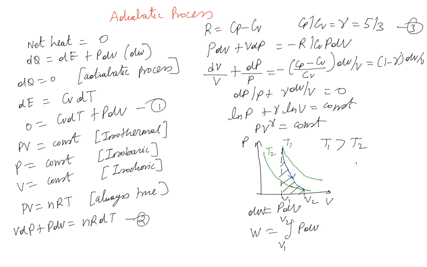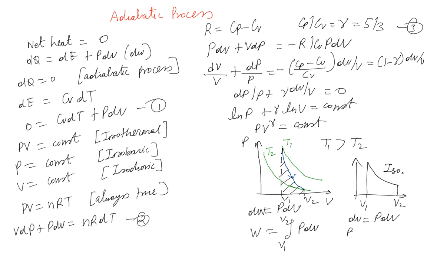We know for isothermal process, just to complete the whole thing, if you draw an isotherm, then for an isothermal process, if you start from V1 to V2, we know it's going to be dW equals P dV.